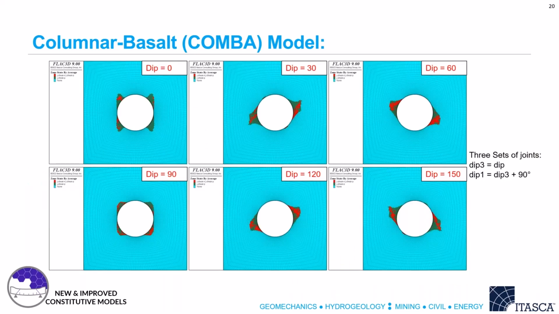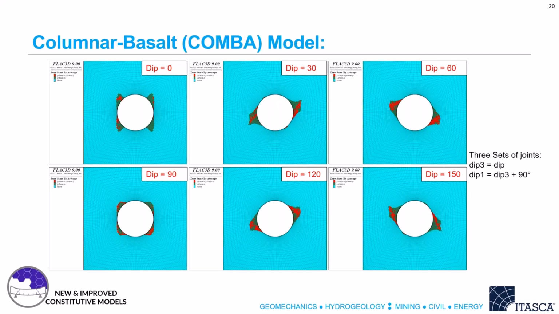This is an example application of this model to tunnel excavation. In this model, we have 3 sets of joints, and set 3 has a dip angle always 90 degrees of the first one. And we have the second joint set out of plane direction.